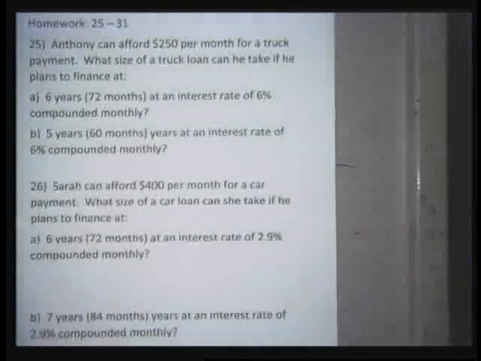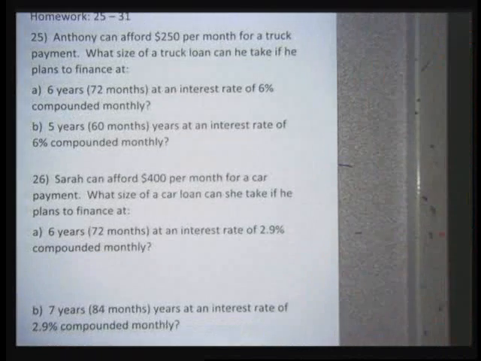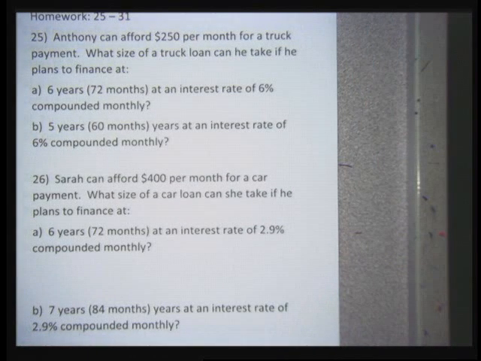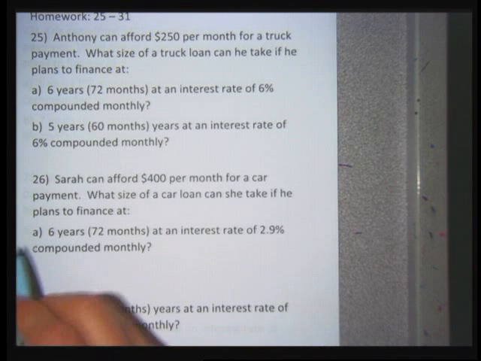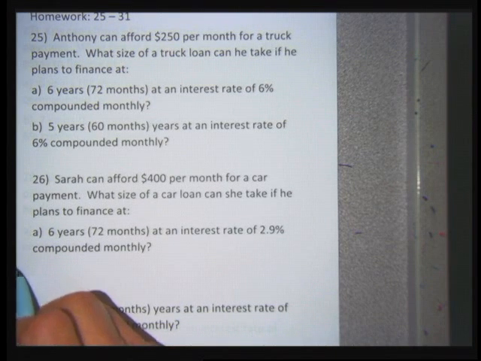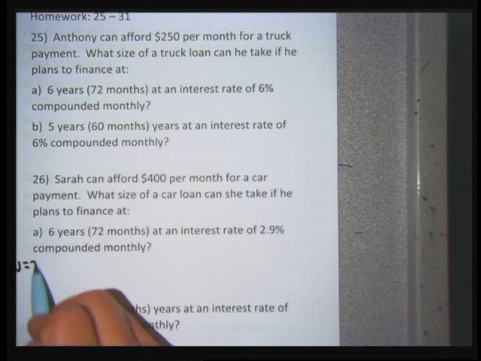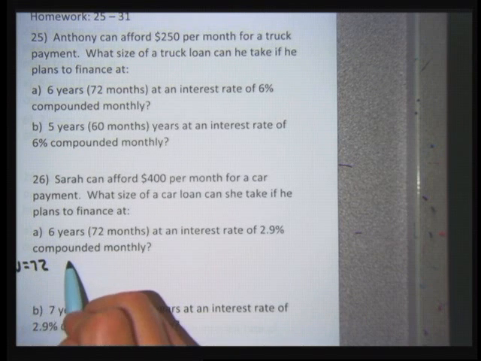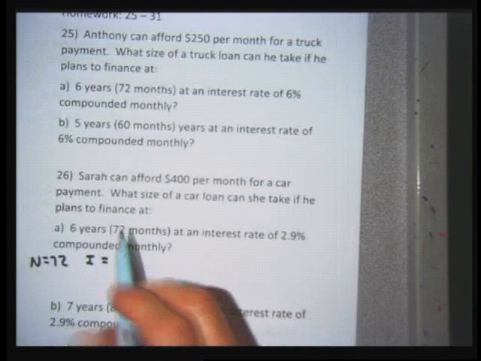So you can get 25. I'll do 26. So for 26, my A and my B, they're going to be essentially the same, other than there was one change. So for 26A, the N is going to be 72. I'll write these horizontally because I don't have much room. The I is going to be 2.9.